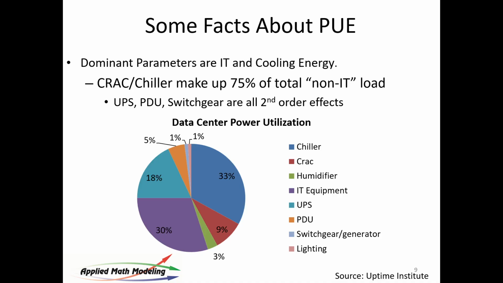Everything else is second order. So if you look at this chart, you see it is the chiller, it is the CRAC unit itself with the fans in it that dominates the total situation compared to the IT equipment over here. The IT equipment being 33%. It is dominated by chiller, cooler, fans.